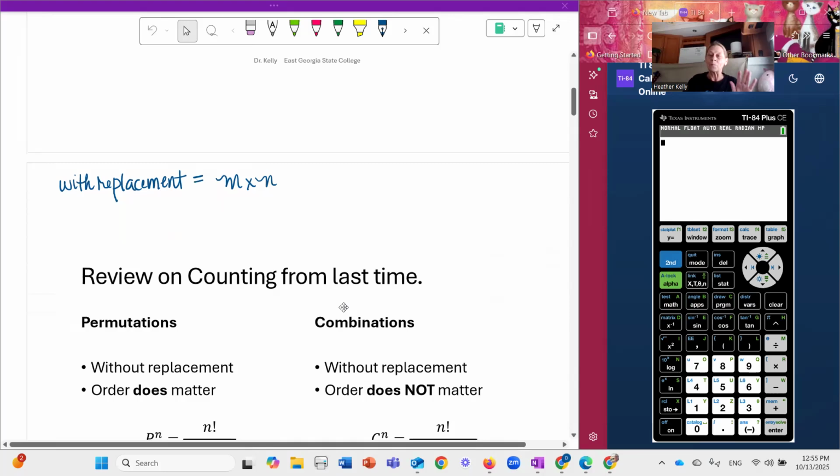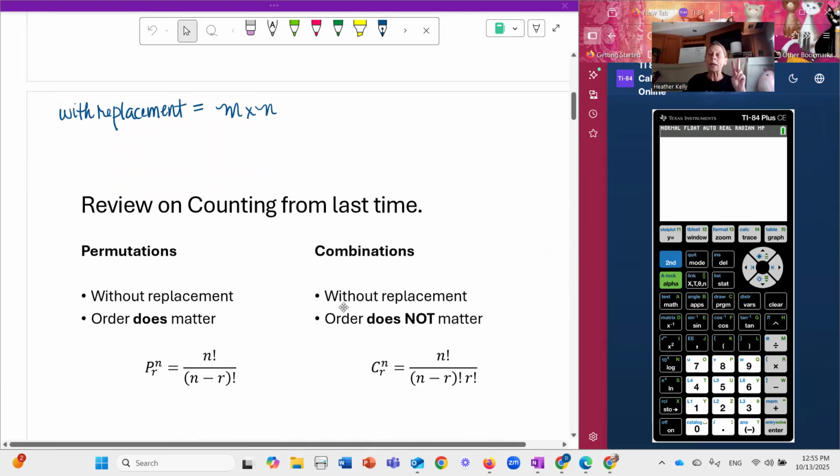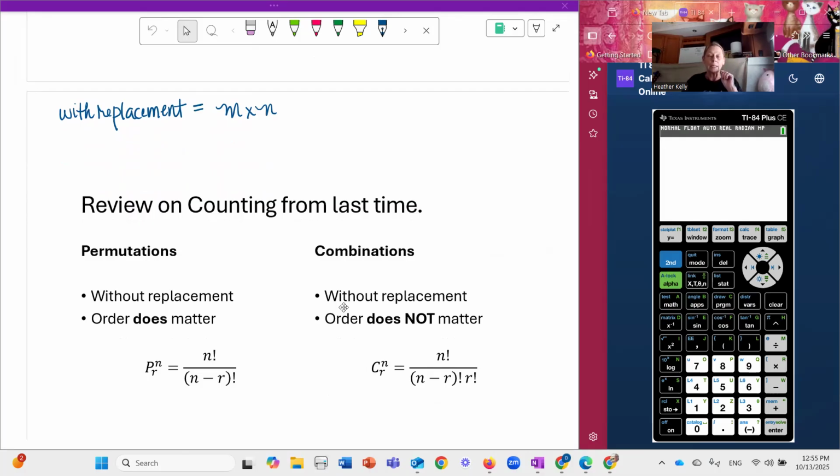All right, now remember that there's two main things we need to concern ourselves with. Number one is the situation we're dealing with choices with or without replacement? In other words, is it something that when we take our choice out, it changes the pool of choices for the next person?